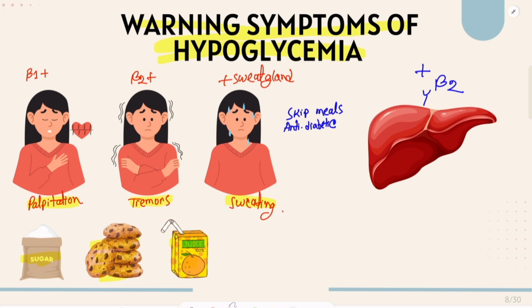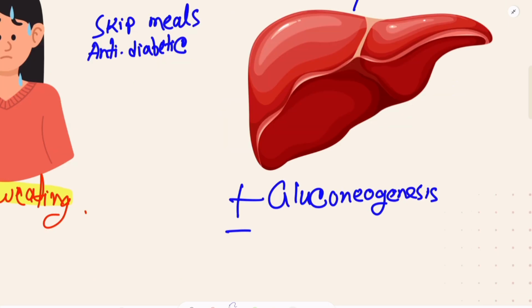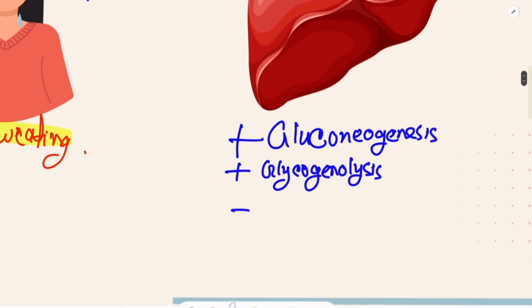When beta 2 is stimulated in the liver, it will shift the metabolism in such a way that blood sugar starts increasing. So there will be stimulation of gluconeogenesis, stimulation of glycogenolysis, and inhibition of glycogenesis.